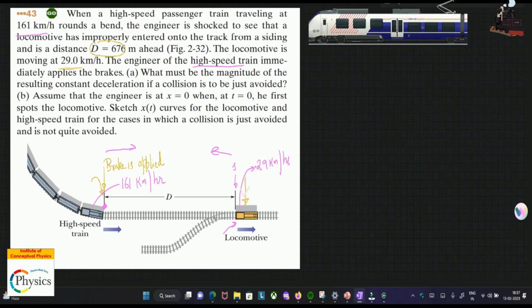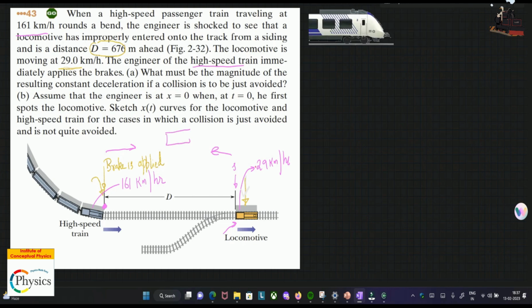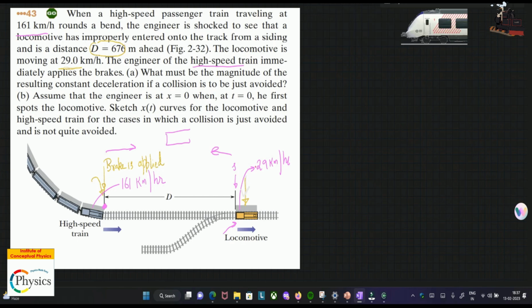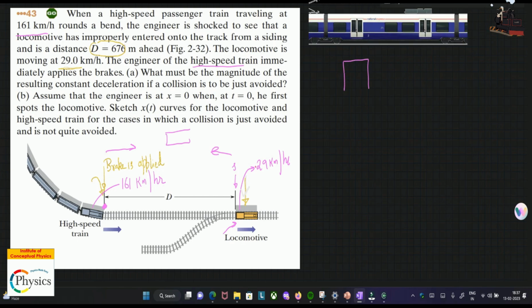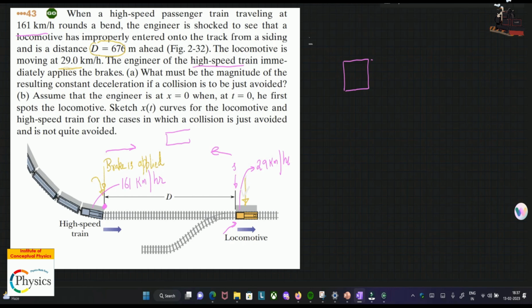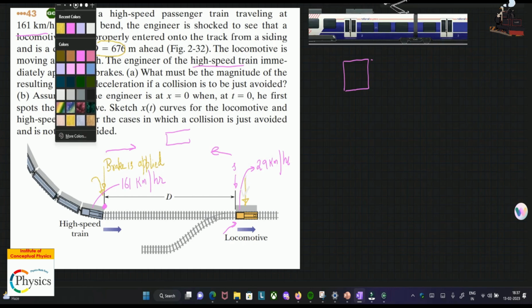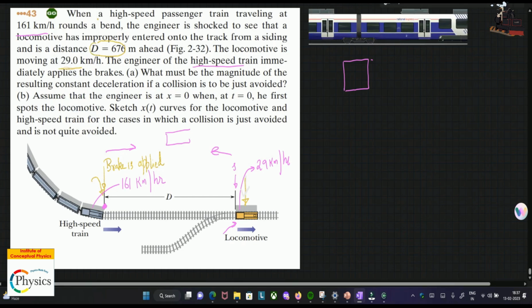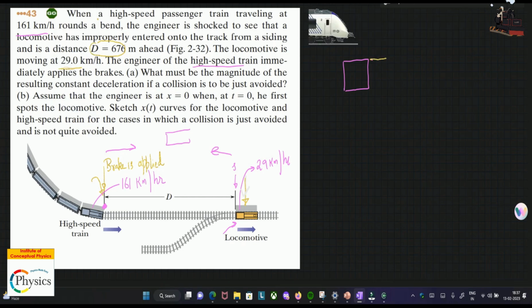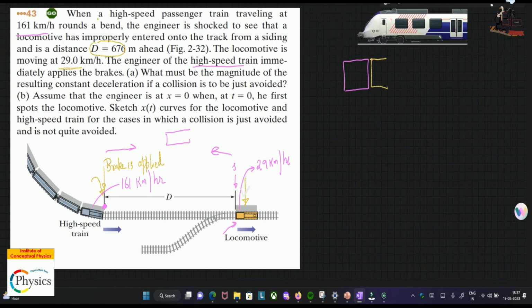Which means they almost come very close to each other. So this is your high speed train. Let me draw a diagram: this is your high speed train engine, and this is the other train, which I will draw in another color so that you can distinguish. They just touch each other, right? They're almost like touching each other.